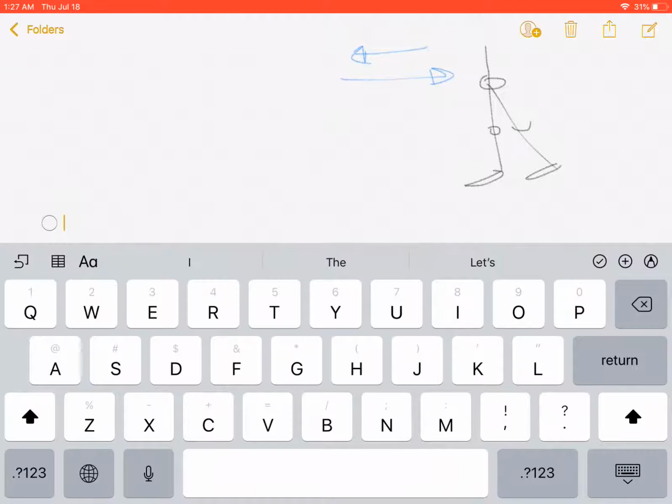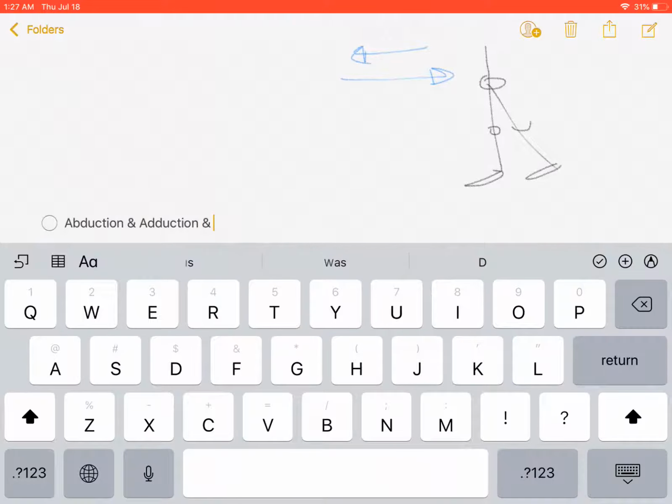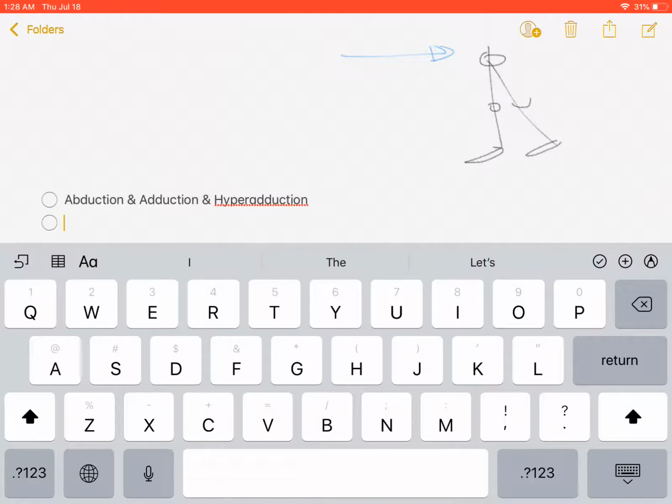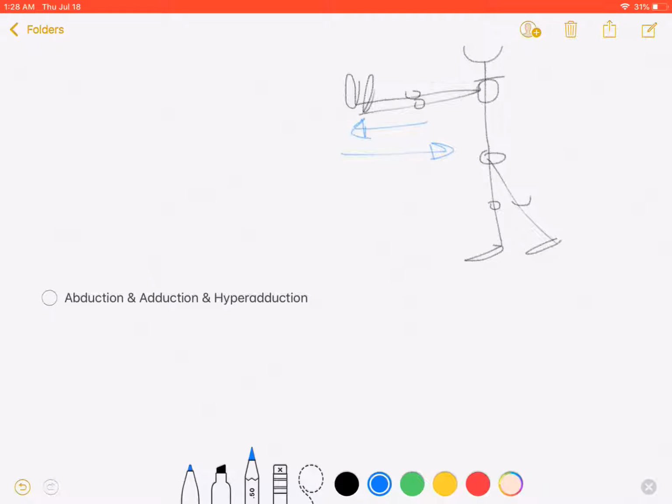We should know what abduction and adduction and hyperadduction is. So let's see, abduction and adduction. And of course, hyperadduction. So this one, very easy.